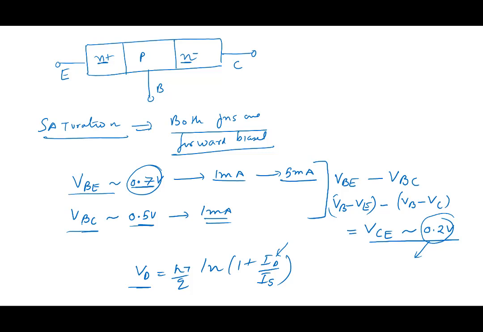So when I'm thinking of my transistor in saturation region, let me draw this base, this emitter, and this collector and base. What should I put between base and emitter?